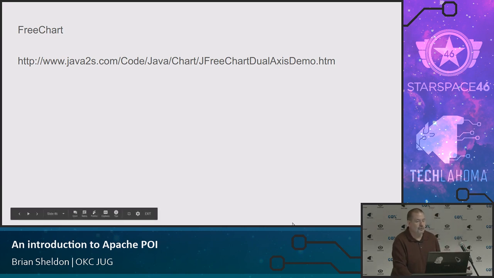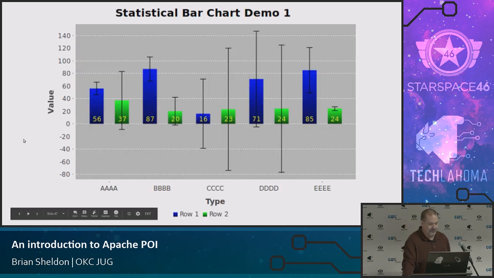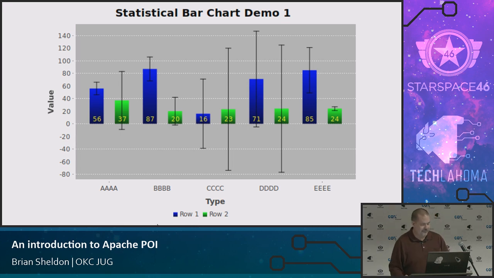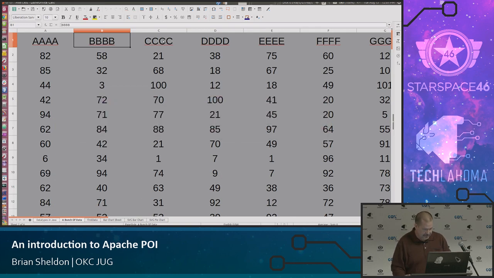Link to a specific JFree chart dual axis demo. I don't think I actually got that one working since I left my previous job. So this is a little more interesting of a bar chart. This is the Statistical Bar Chart Demo 1. Actually, let's see if I've got that here. Yep.